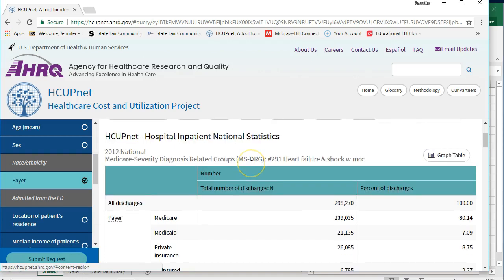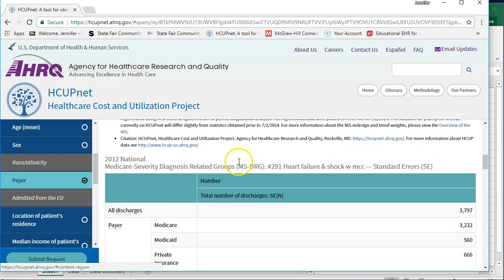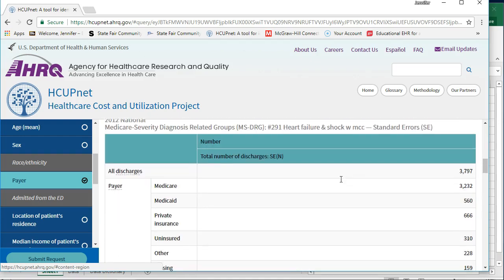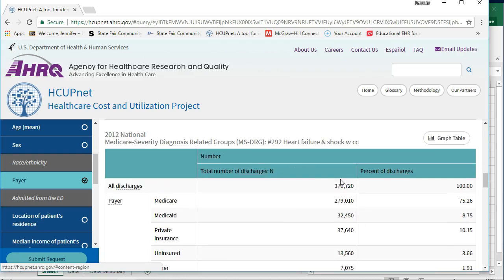Okay, so if you look at the first MSDRG, which is 291, Medicare patients 239,035, and we have our DRG 292 were Medicare patients, total number of discharges, so total number of patients 279,010.